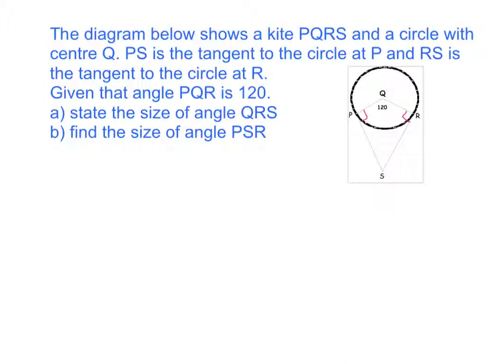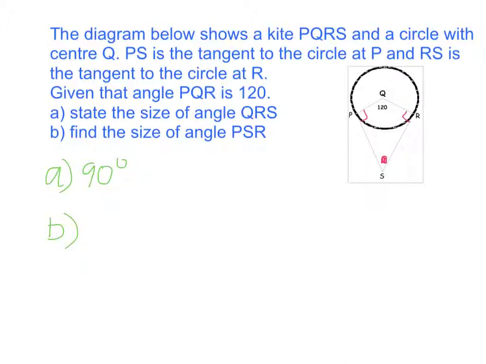So given that angle PQR is 120, state the size of angle QRS. Well, QRS, as we know, is where the tangent meets the radius, so it is a right angle, which means it's 90 degrees. No working to be shown, we just know it's 90 degrees. B, we're asked to find the size of the angle PSR. That's this angle here, it's the only one that's missing.